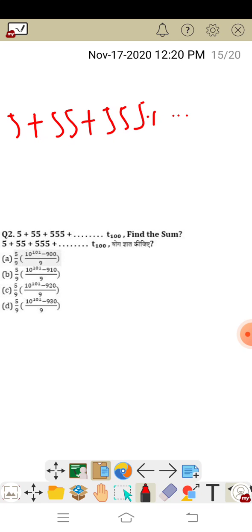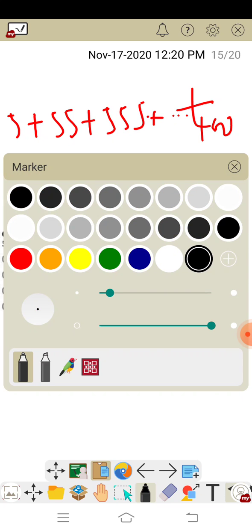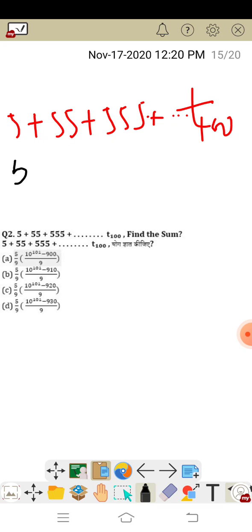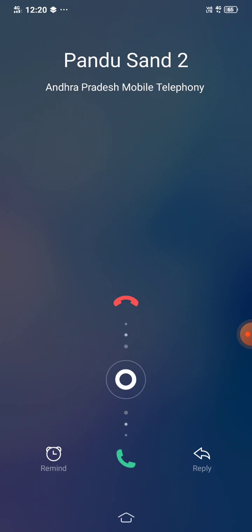He is also asking 100 terms. Now it is not a geometric progression here. Then what we will do, very simple, take 5 common. That is 5 times 1 plus 1 plus 1 plus and so on plus 100 terms.